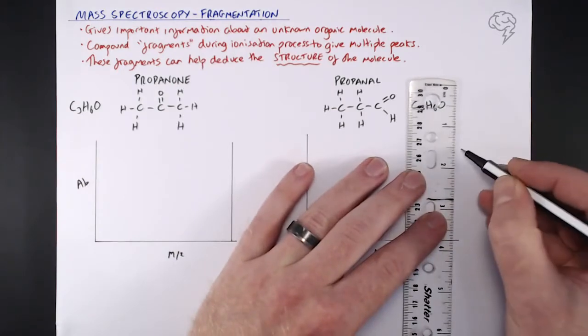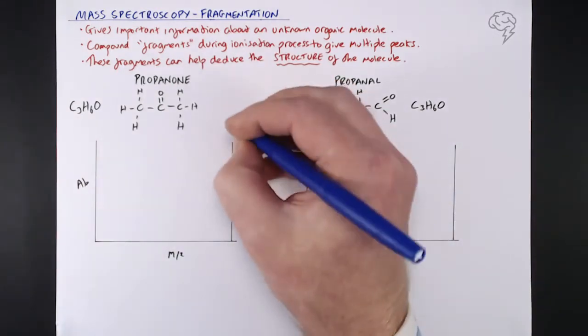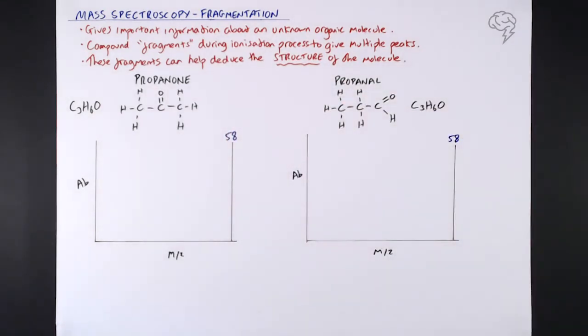Okay, so the first thing I'm going to do here, I'll draw two peaks way over on the right-hand side. The peaks furthest to the right-hand side are going to be the heaviest. If they're the heaviest ions coming through the mass spectrometer, that must be the entire molecule. So this is the MR, essentially, of our molecules. Because both of these are C3H6O, the m/z values for this peak on the far right-hand side are going to be 58.